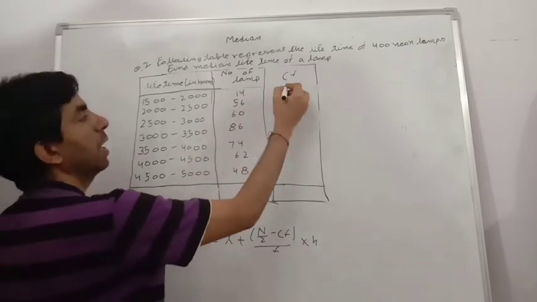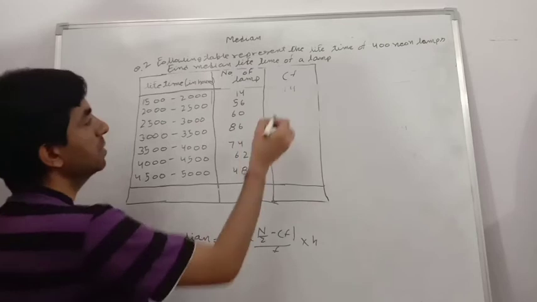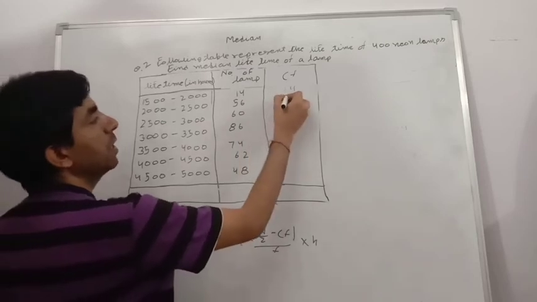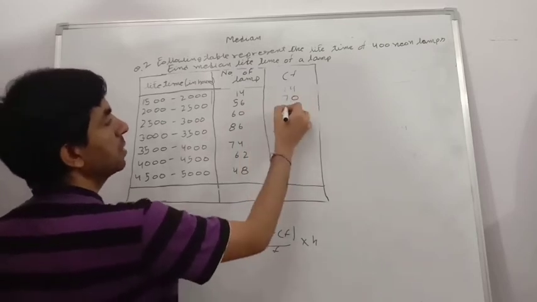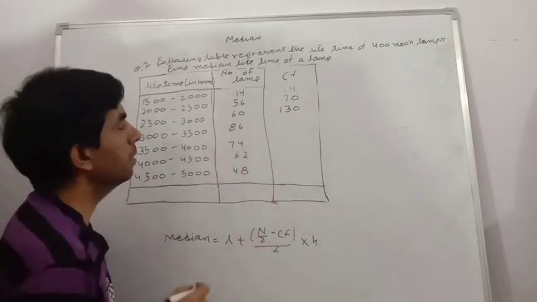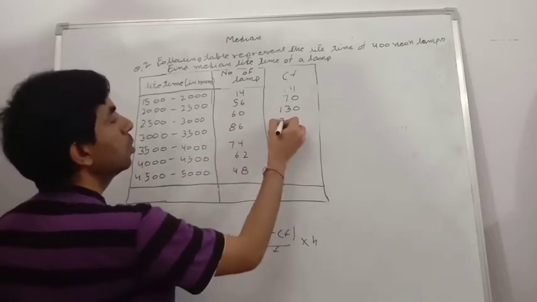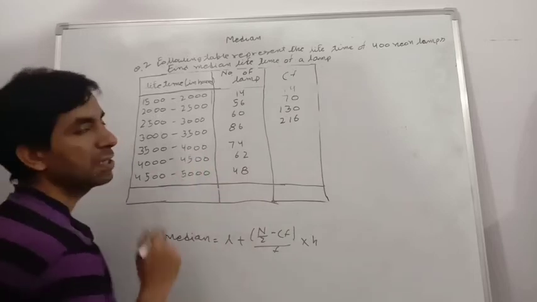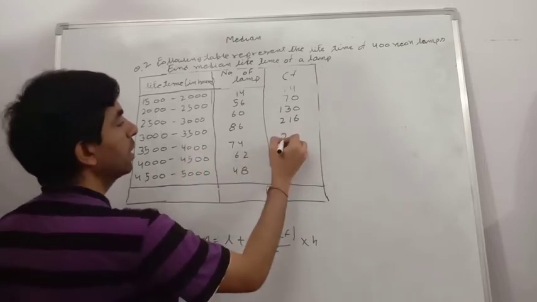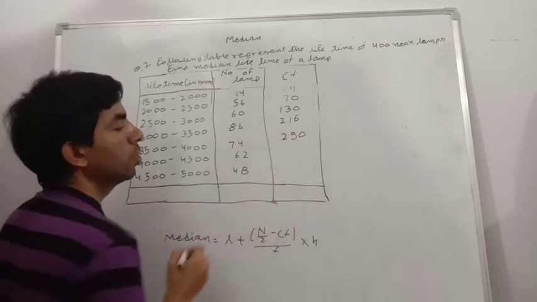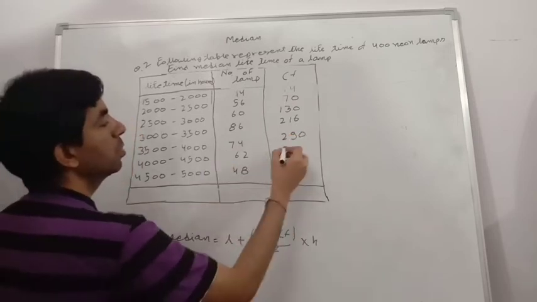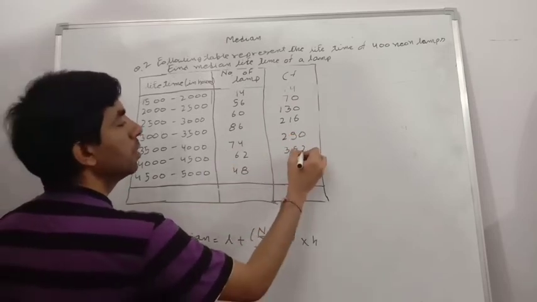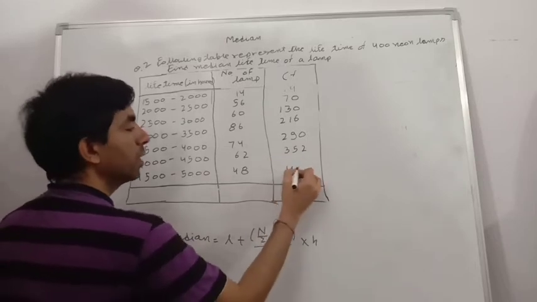First number written as it is, 14. Next, 14 plus 56 is 70. Next, 70 plus 60 is 130. 130 plus 86 is 216. 216 plus 74 is 290. 290 plus 62 is 352. 352 plus 48 is 400.